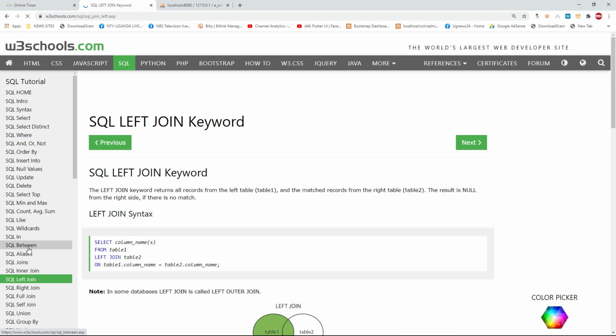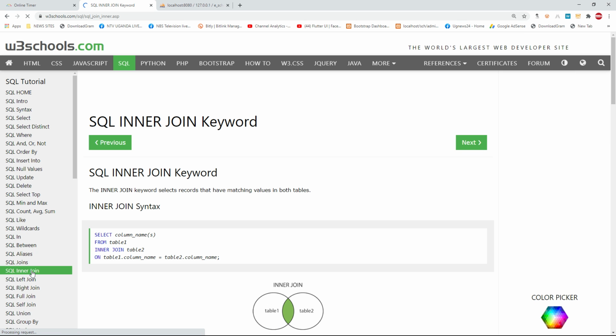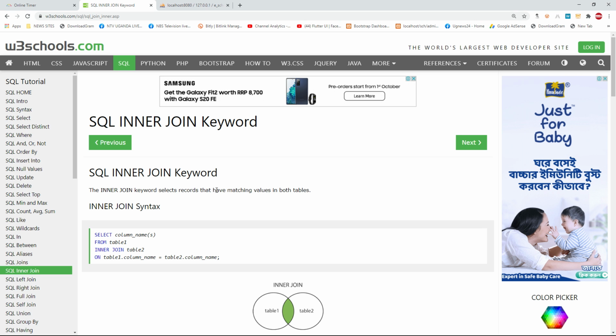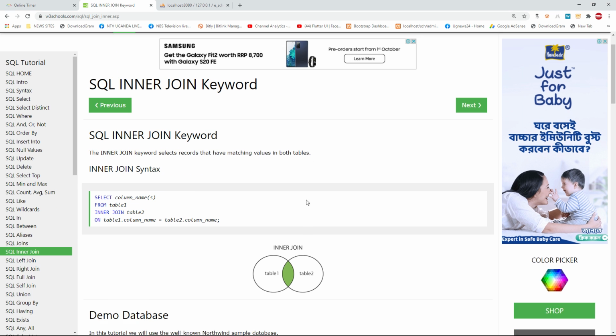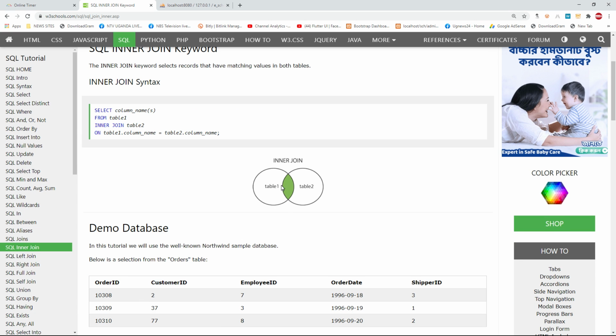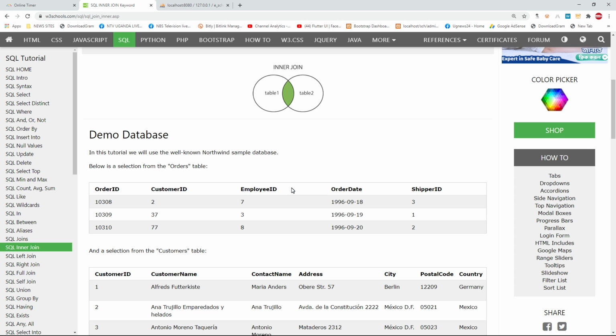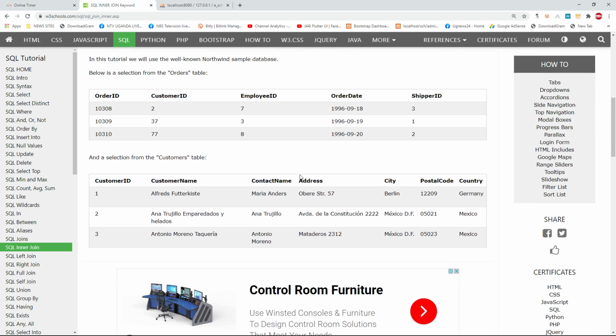To discuss the inner join, it is the keyword that selects records that have matching values in both. This is the diagram for inner join: it selects the records from this table and this table, and returns the results from the specified tables.